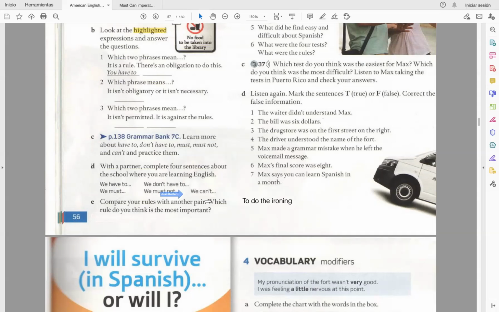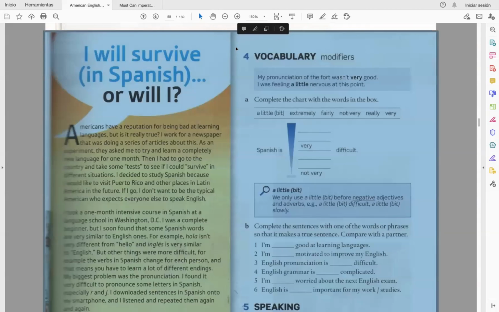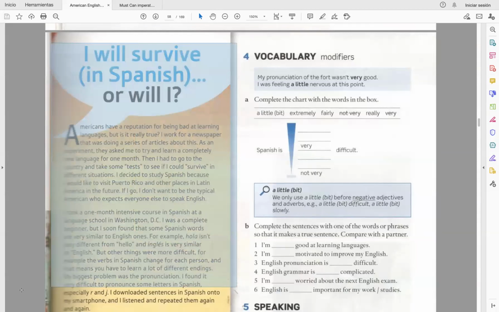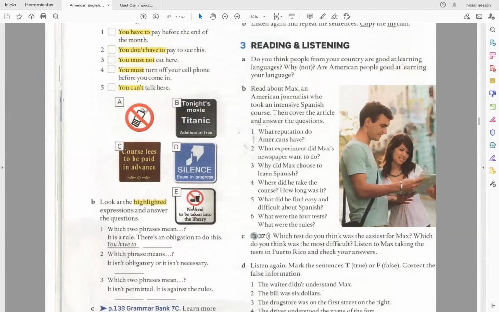Okay, we're going to stop with this a little bit because now we are going to check the homework. You were supposed to do a piece of homework for today. You were supposed to read this text here, and then answer these questions here.